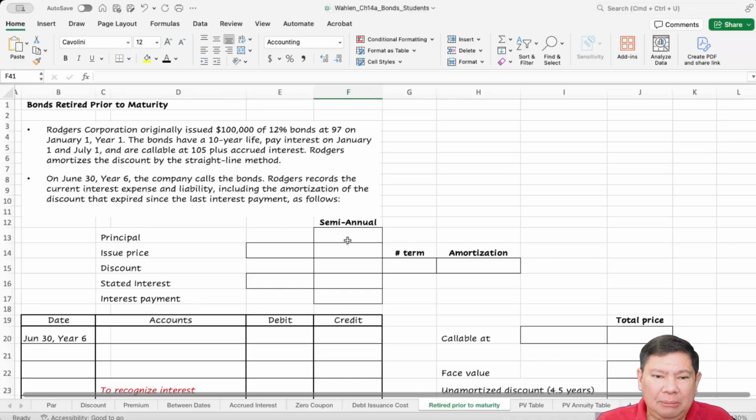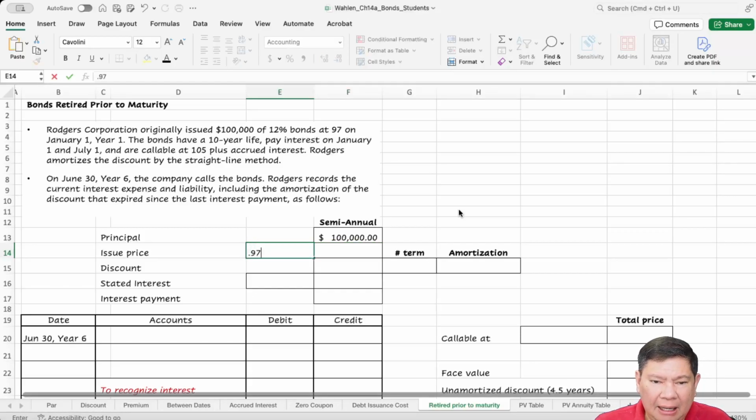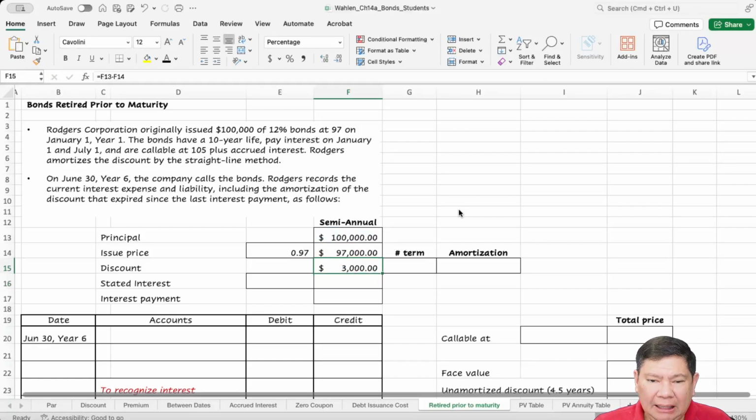Okay, so the principal is 100,000 and the issue price is 0.97. So that's going to be $97,000. The discount is the difference between the par value and the issue price, $3,000. There are 20 terms.